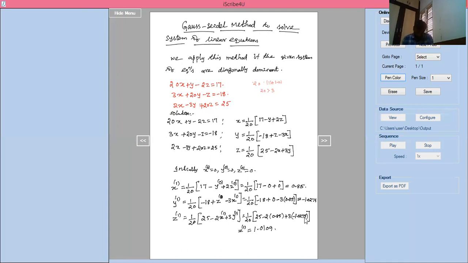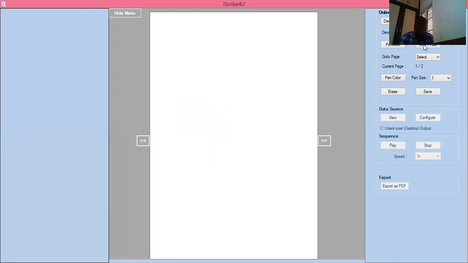Similarly, we can go for the next iteration. That is nothing but the second iteration, we'll call x of 2. X of 2 equal to, that equation we know. What should that equation be? 1 by 20 into 17 minus y of 1 plus 2 into z of 1.